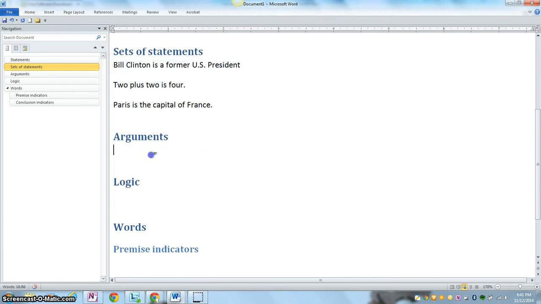However, there are some sets of statements where the statements are related in a particular way. And these sets of statements are called arguments, and they are the main subject of our course. So consider this set of statements.